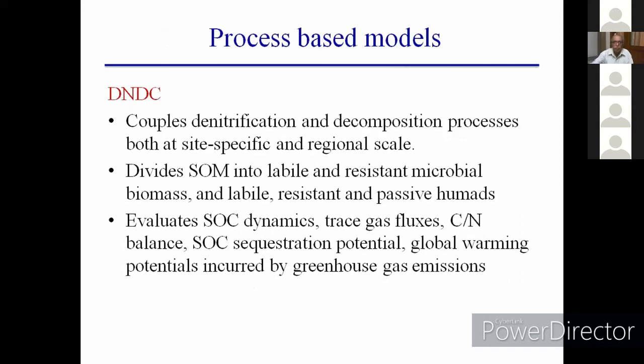And third, which is very commonly used, is the DNDC model, the denitrification-decomposition model. As the name indicates, it very strongly simulates carbon and nitrogen processes, and contrary to other models, it is also simulating emission of greenhouse gases. This is very important. And again, it also has different pools: labile, resistant microbial biomass, labile, resistant, passive pools.